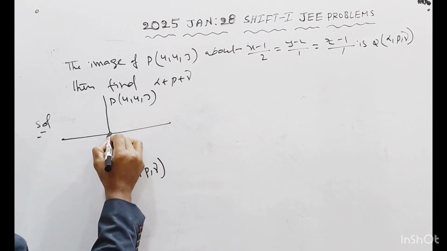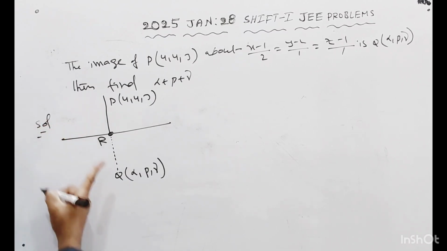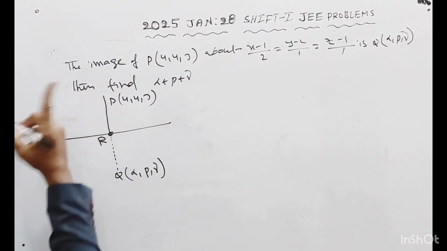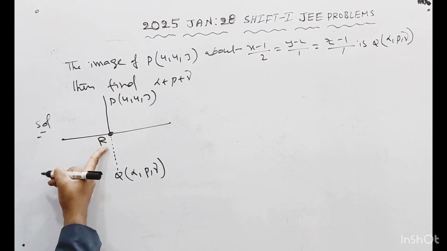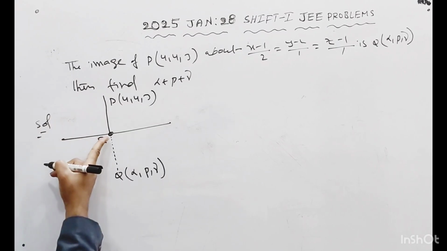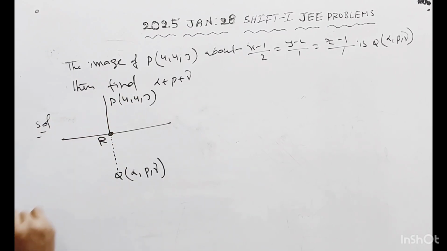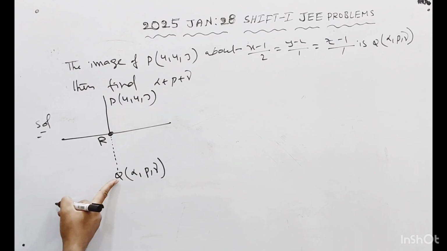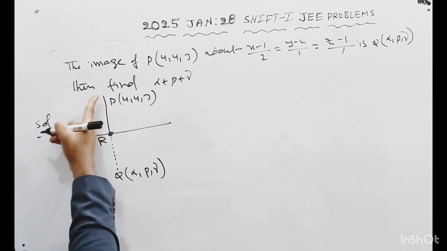I am taking R as the midpoint of P and Q, when Q is the image of P. If you want to find out the point Q, first you find out the point R, which is the foot of P. If you find out R with the help of the midpoint formula, then we can find out the point Q. So R is nothing but the foot of P.